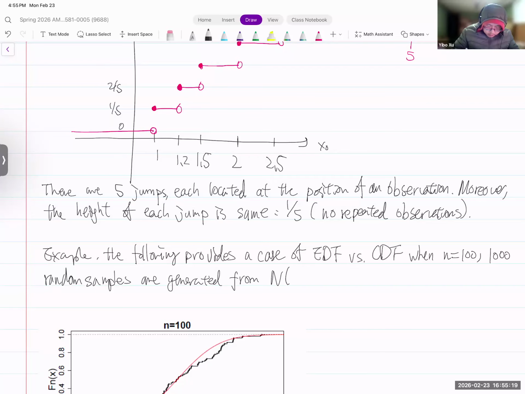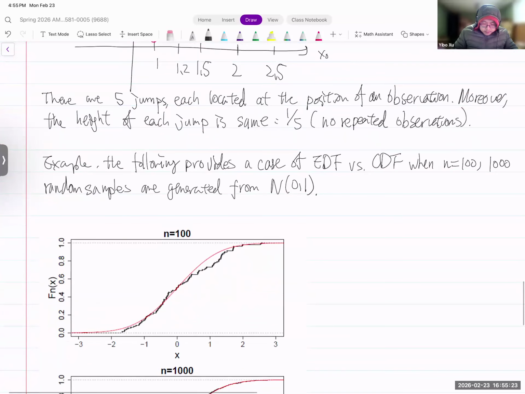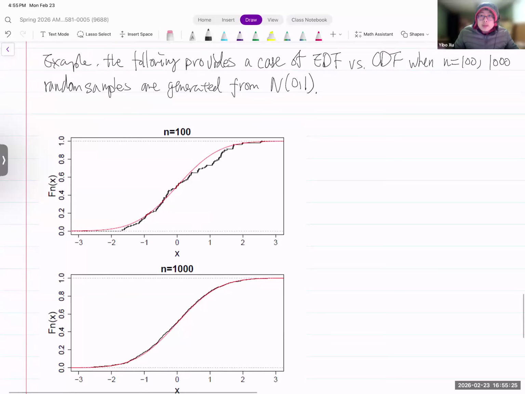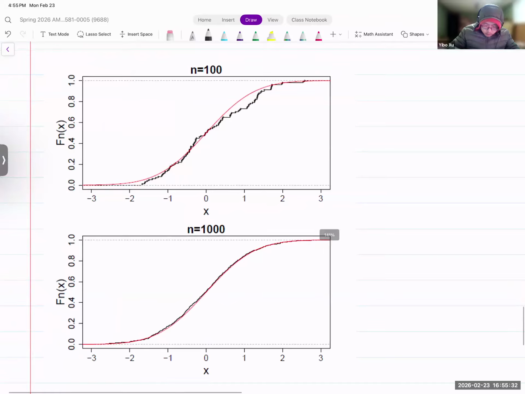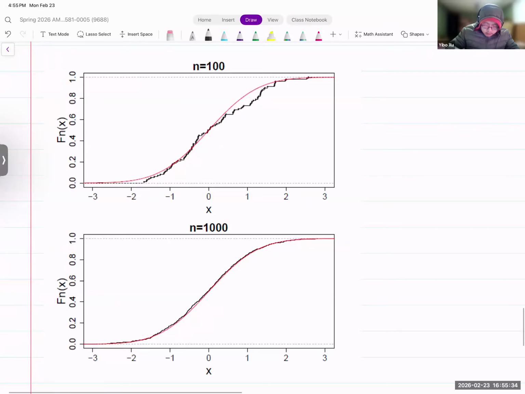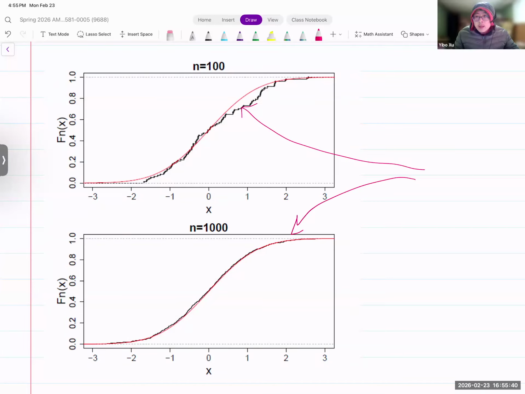From the standard normal. Right. So basically, these red curves right here that you see in the figures. Let me zoom up a little to see a little bit more clearly. Okay. So the red curves right here, these are the same thing, which is the underlying distribution represented by the CDF.